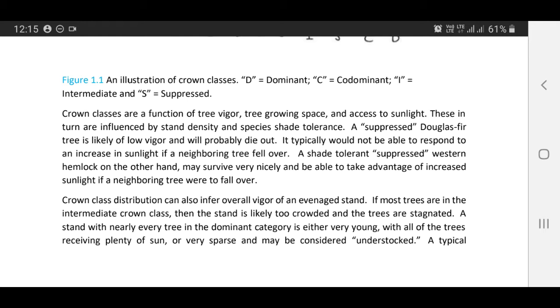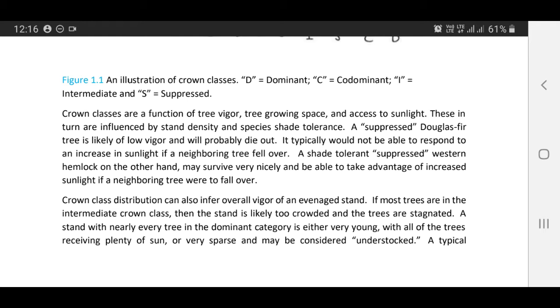A suppressed Douglas fir tree is likely of low vigor and will probably die out. Generally suppressed trees, especially of Douglas fir, which is not shade tolerant, will die.